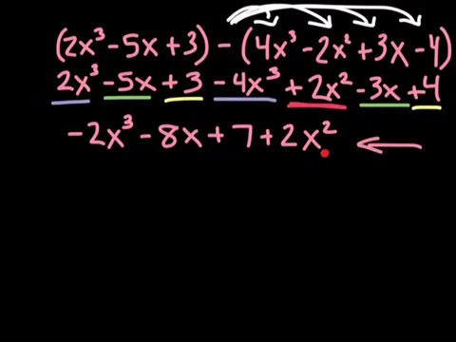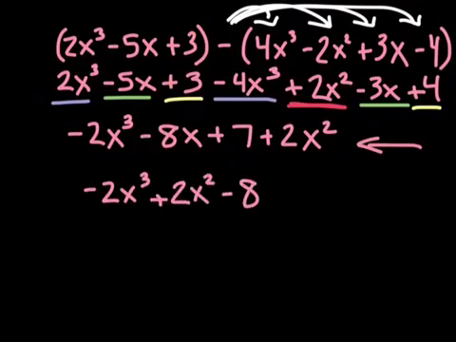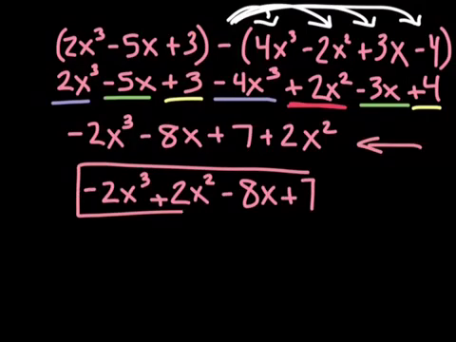That term should go second, then an x term, and then our constant should go last. So if we rewrite this, we should have negative 2x to the third plus 2x squared minus 8x and plus 7. This is the best answer for this subtraction of polynomials.